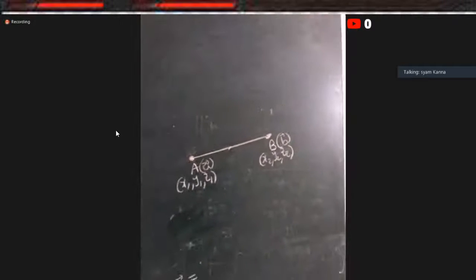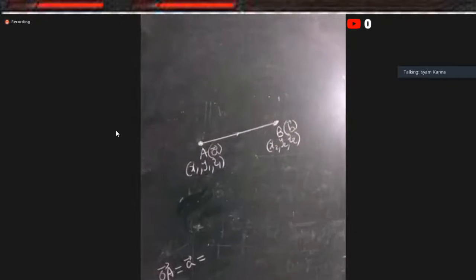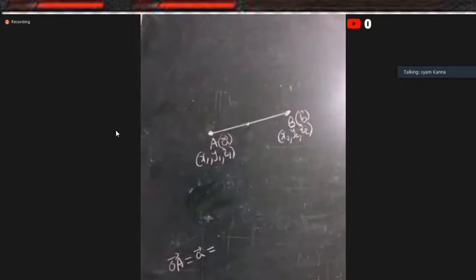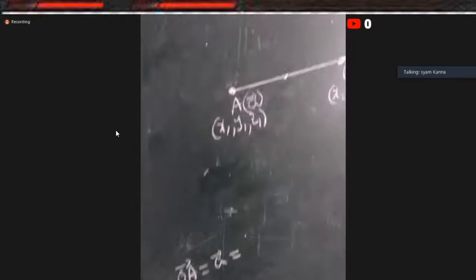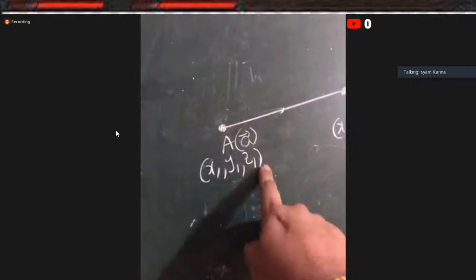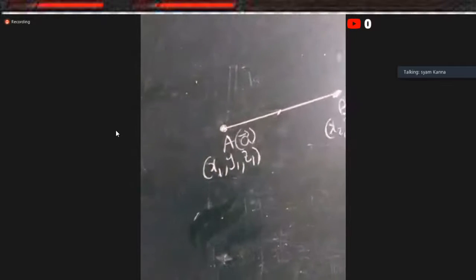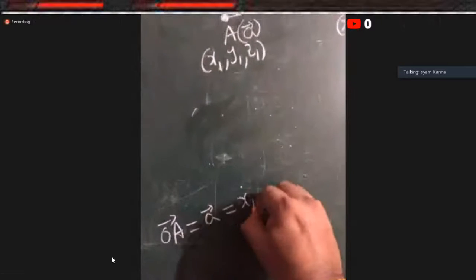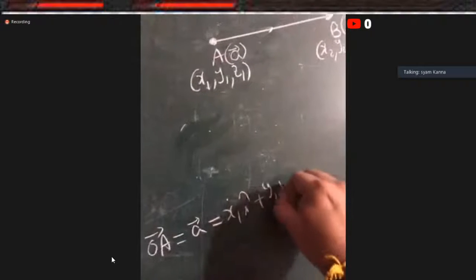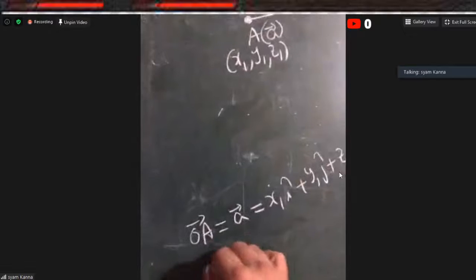If point C is also there, we denote C bar, like that. Whatever point we are using, we prefer the same small letter. You can change it, no problem at all. So points A and B are there. For the position vector of A, x1, y1, z1 is there, you supply i cap, j cap, k cap. Then you get x1 i cap plus y1 j cap plus z1 k cap. If you want the position vector of point B, you get OB bar.